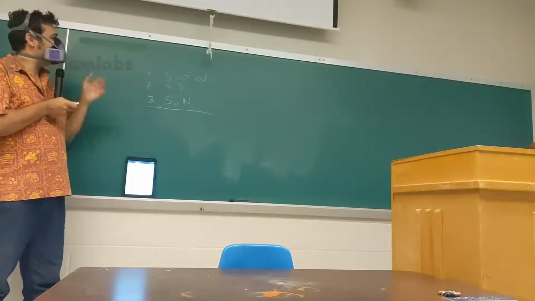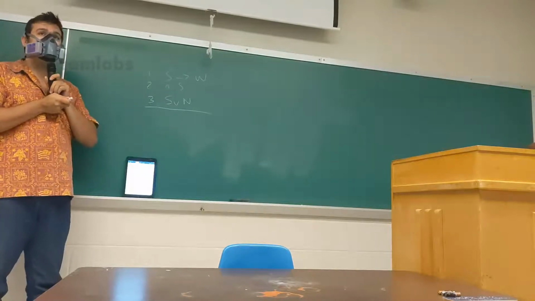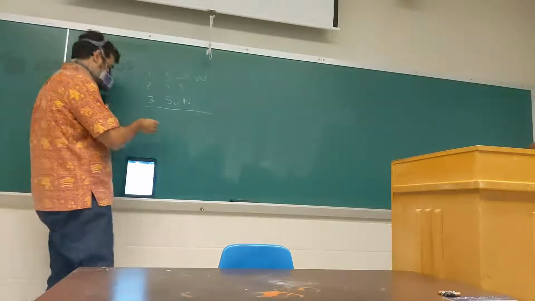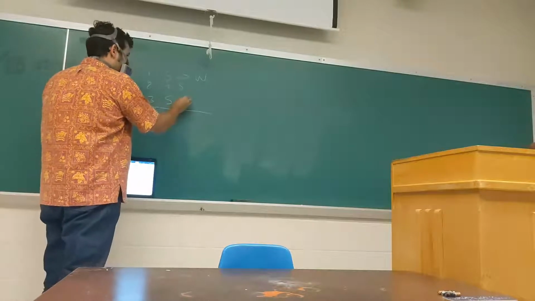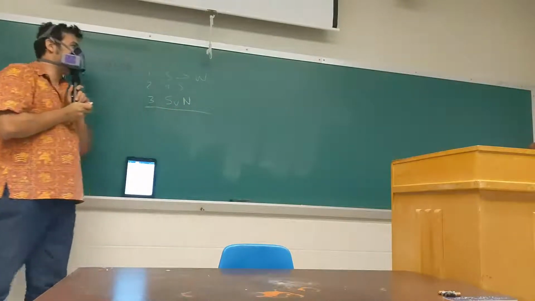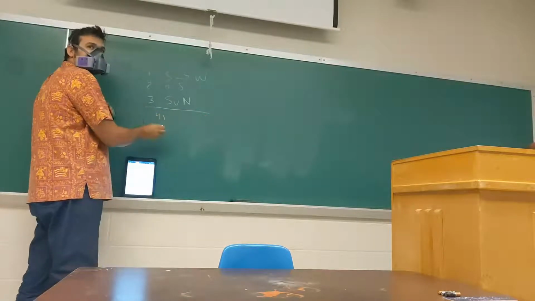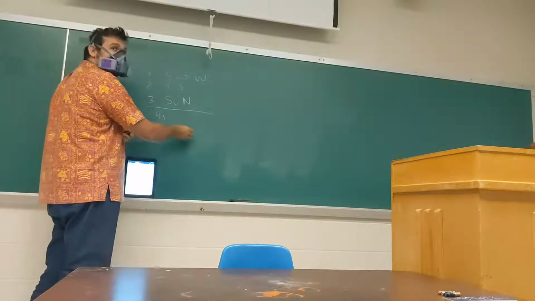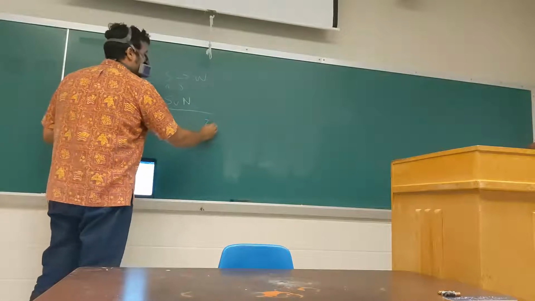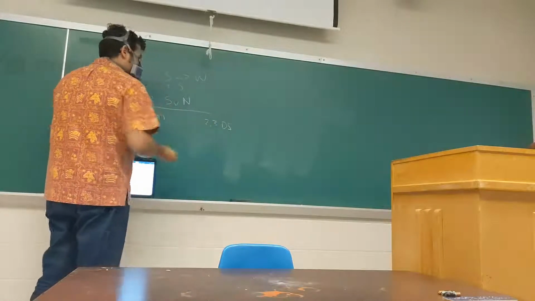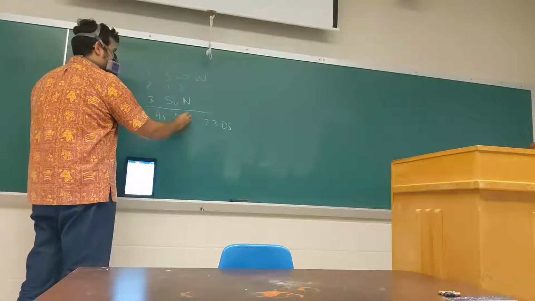You can use DS here. What can you use DS on? Sorry, this is N. So is it N? Yeah. So what line? 2, 3. Good, 2, 3, and then disjunctive syllogism. Yeah, and that'll leave you with an N.